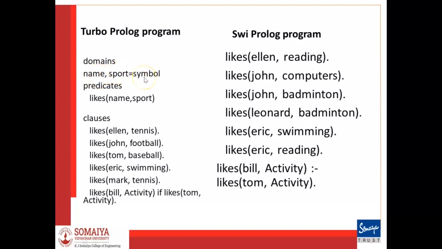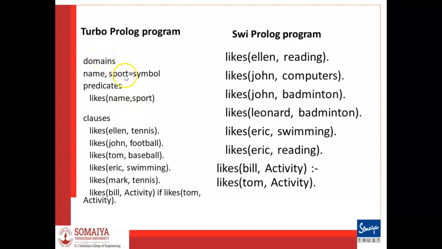And symbol is a general variable type which has been assigned for name and sport. The predicate indicates the relationship between the two entities which are bound together by likes as a relationship. So a person's name is given and that person likes the sport is the information expressed in the program.